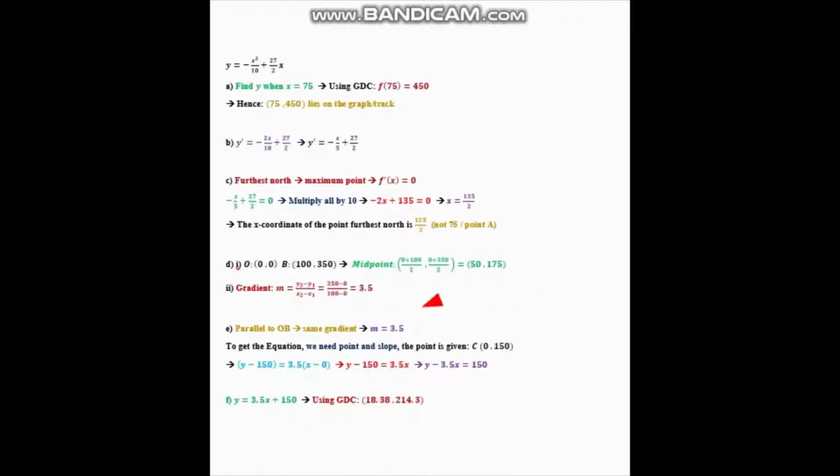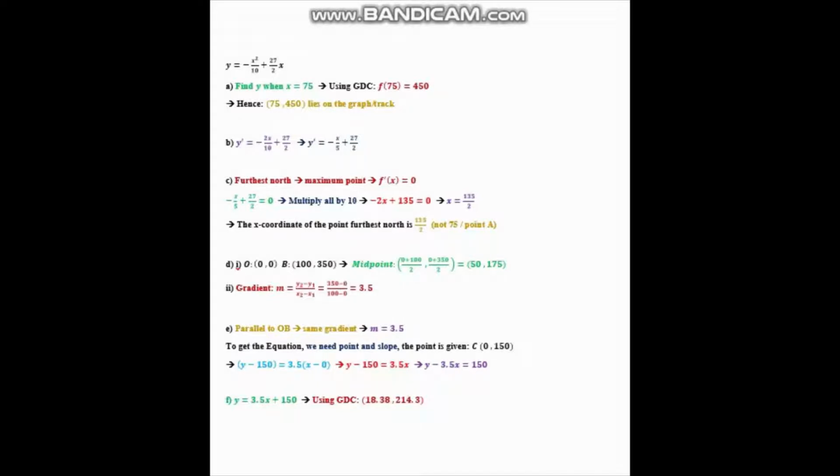So the gradient is the same as what we obtained before, and the point is 0, 150. Hence you plug into the point slope formula, and this is what your final equation should look like according to the format that they asked for in the question.